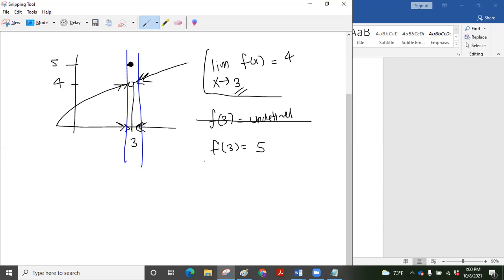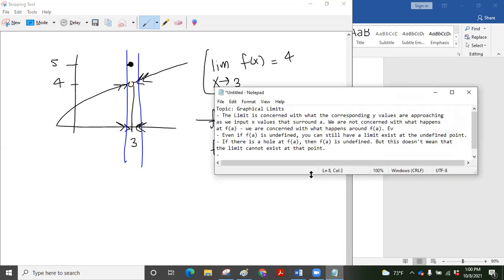So the basic takeaway there is that the limit as x approaches a can be different than f of a.